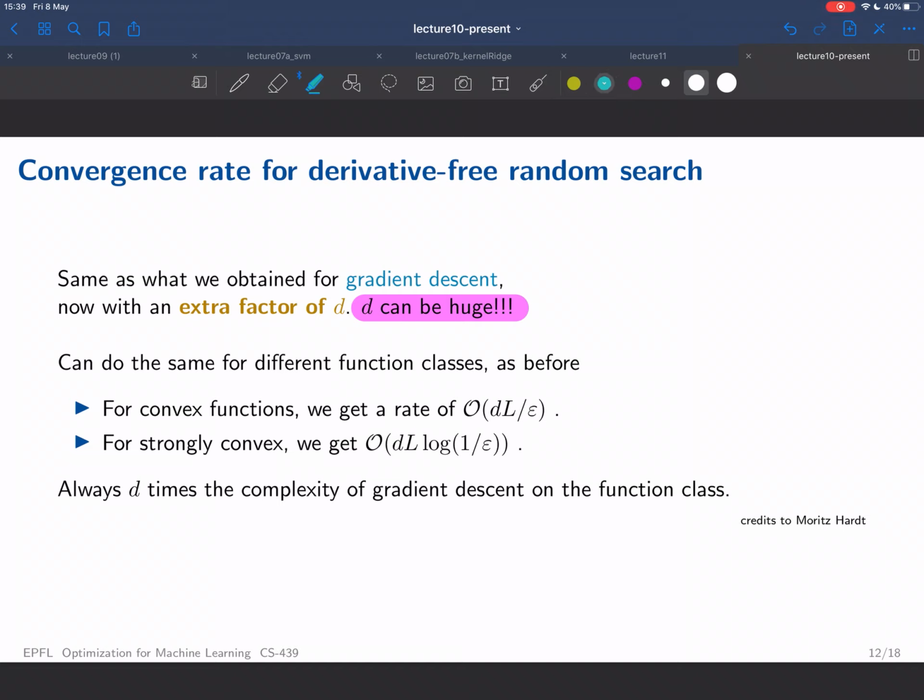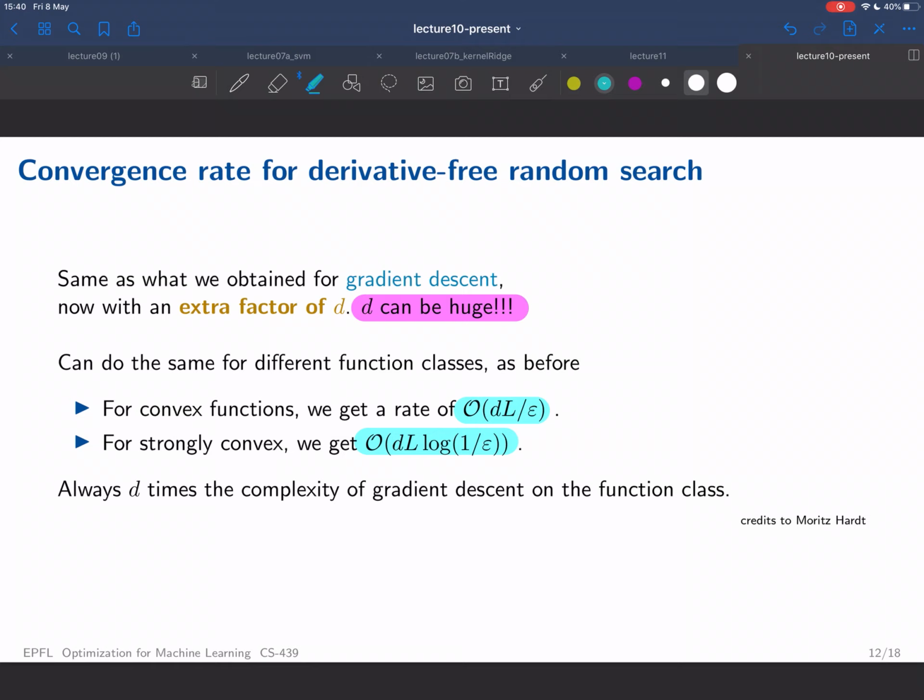It's not so hard to extend this a bit more. That's basically what I also said before. So you can get the usual rates that we already had. You got them for convex functions, and now we got it for gradient free, which is what we have shown on the previous slide. You can also do this with strongly convex and smooth, and then you have the same rate.